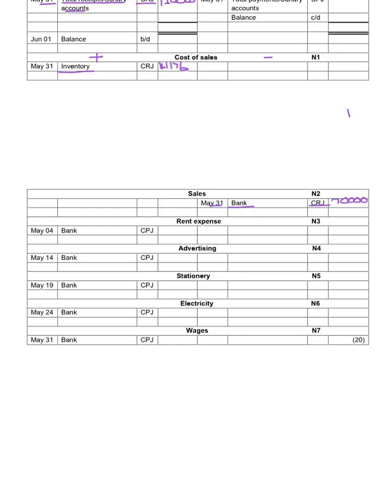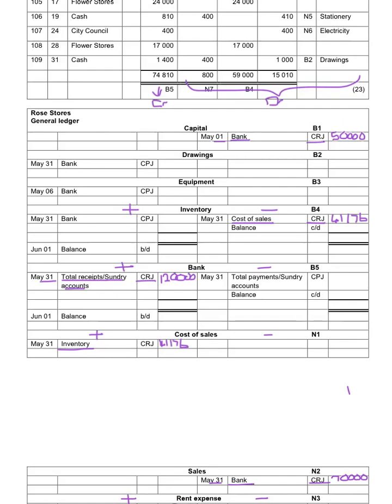We will indicate that rent expense will increase on the debit side with 3,500. The bank account was credited on the 4th, posted from the cash payments journal. Equipment will be debited with 8,900 to increase the asset on the debit side.